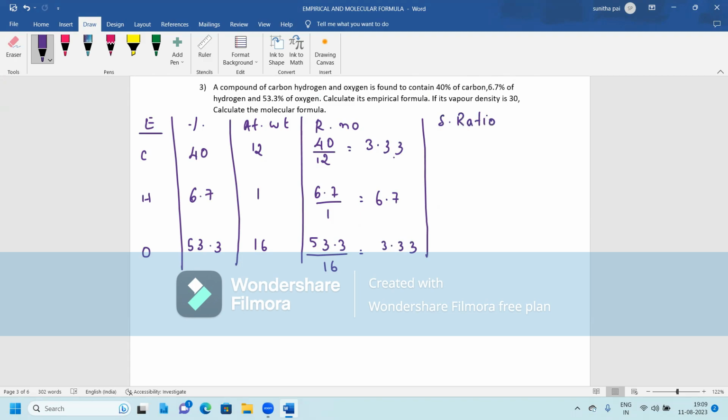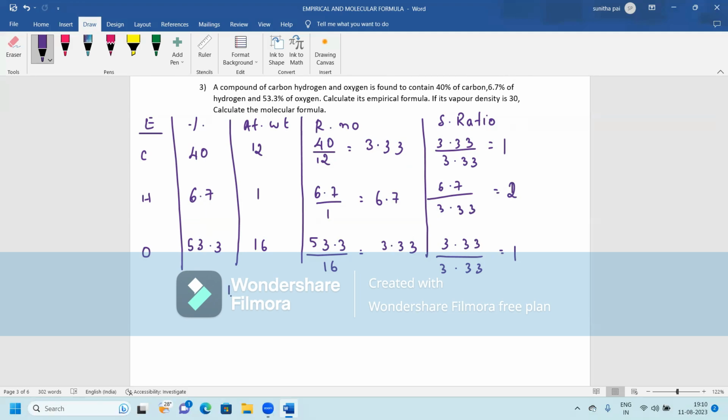Pick the least number, 3.33, and divide all the numbers by 3.33. So the first one gives 1, 6.7 by 3.33 is 2, and 3.33 by 3.33 is 1.